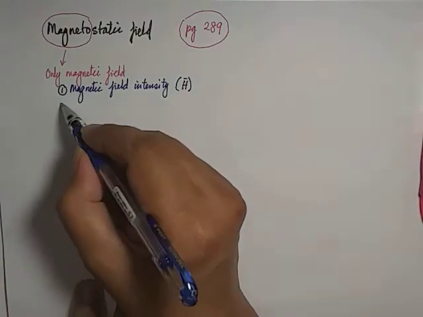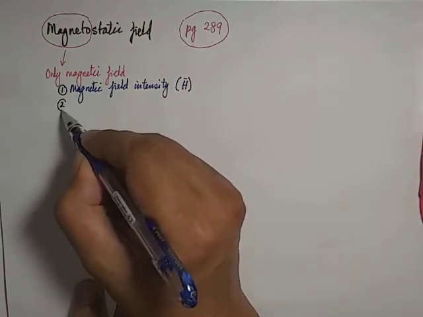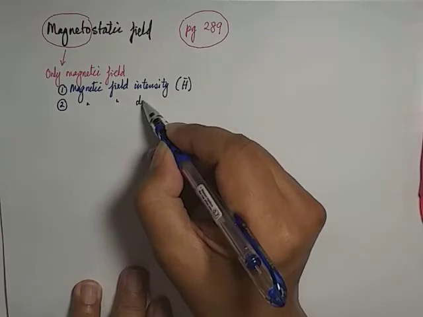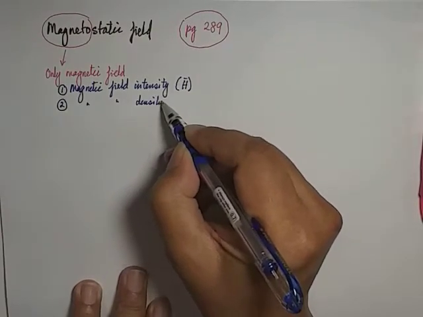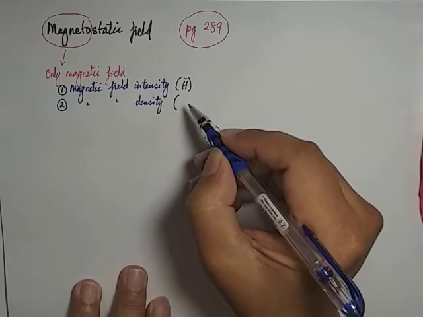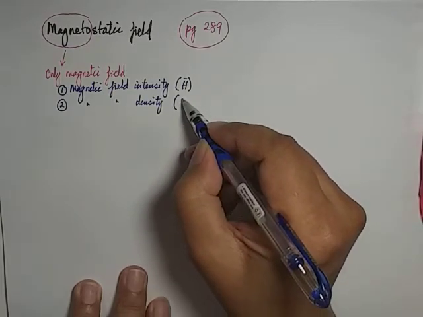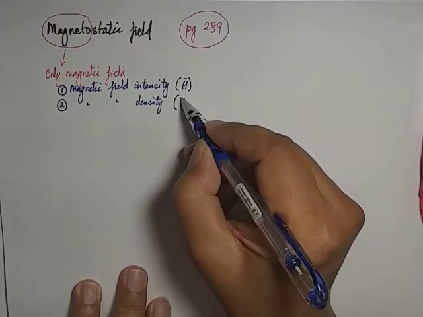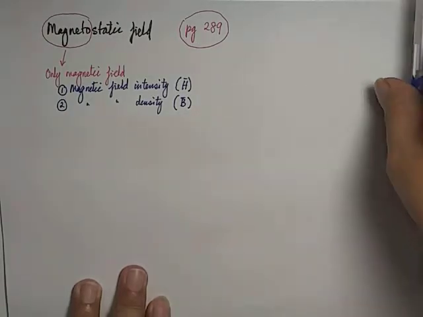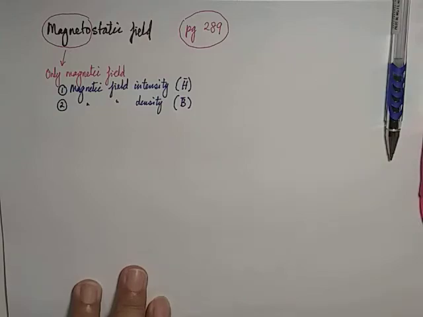The second type of field is known as magnetic field density, similar to electric field density. The symbol for magnetic field density will be vector B. Okay, so that's how we represent the magnetic field.